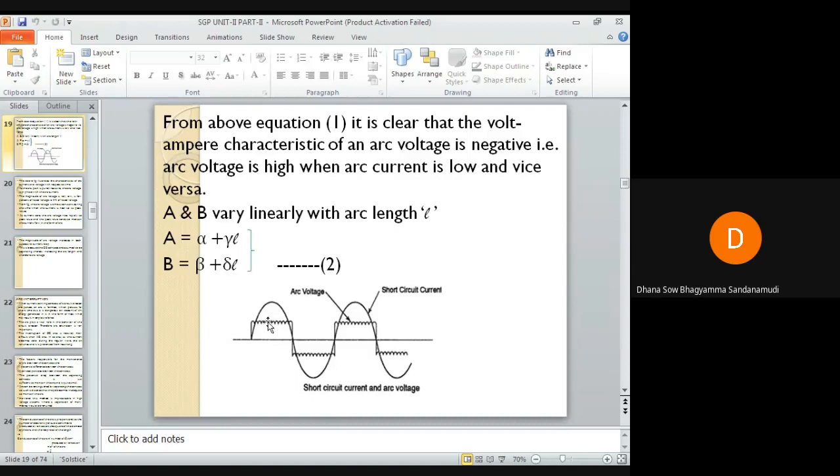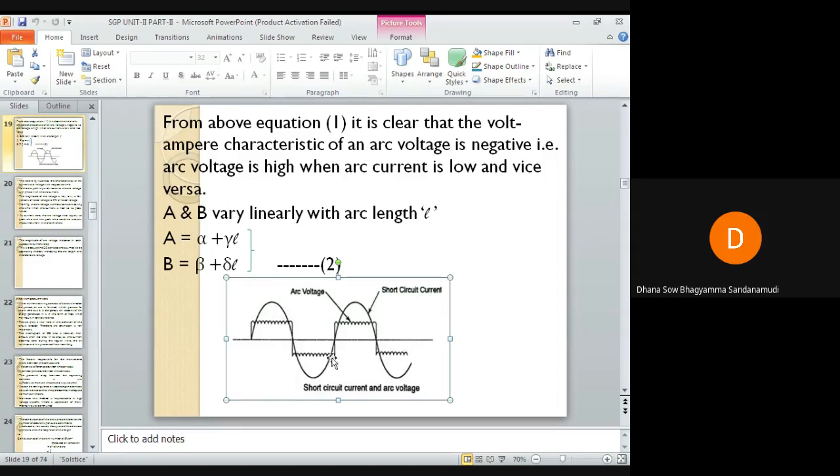This is the arc voltage and arc current. If you carefully observe this graph, the arc voltage is almost constant during each cycle.